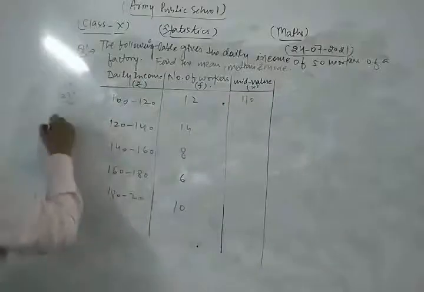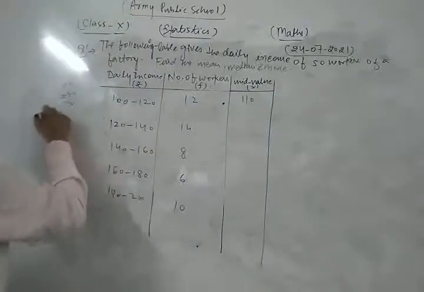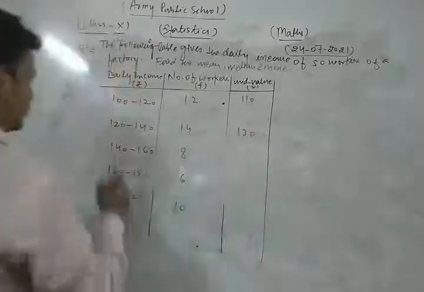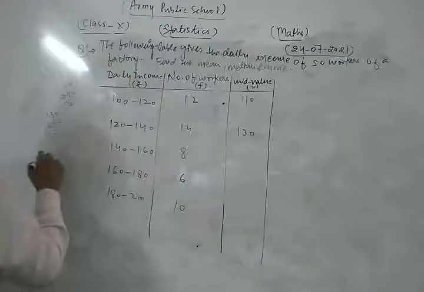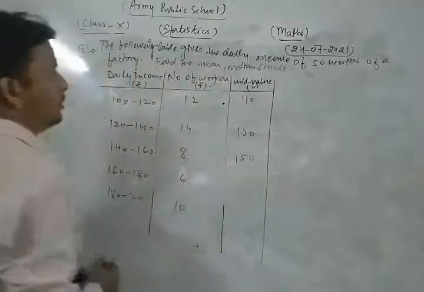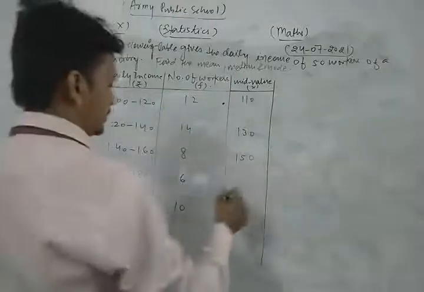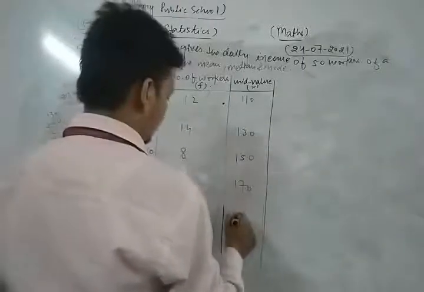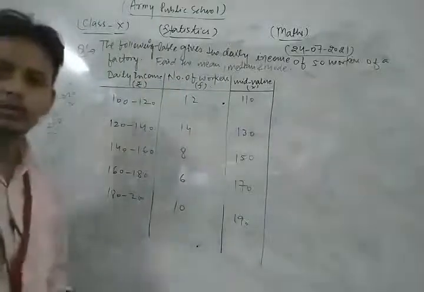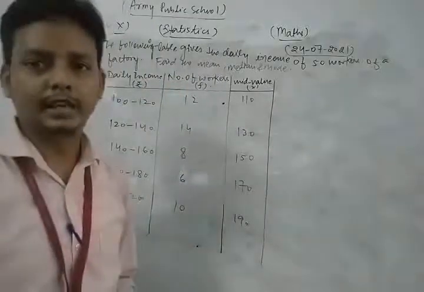Now 120 to 140: 260 divided by 2 is 130. Then 150, 170 and 190. In this way we get the mid values from the given data.